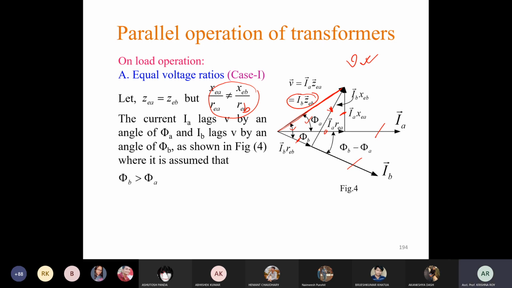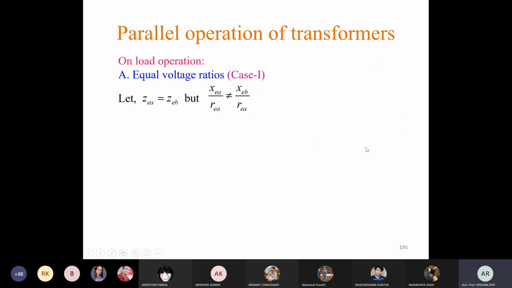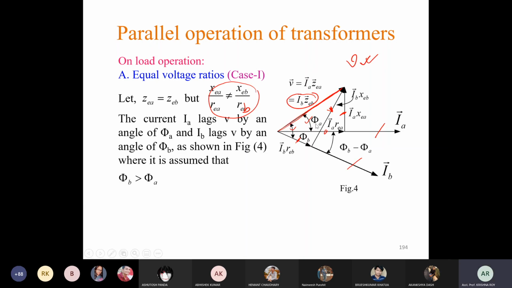Okay, so here phi B is greater than phi A. To draw this phasor diagram, we have assumed that phi B is greater than phi A. So depending on that, there will be resistive drops. The two resistive drops are unequal. Similarly, the two reactive drops are also unequal, but the total leakage impedance drop will be the same. Okay.